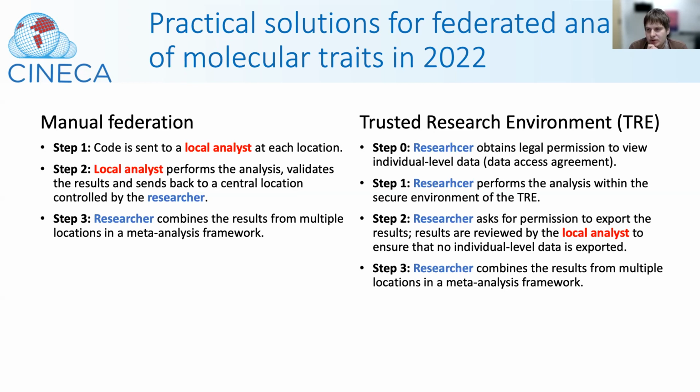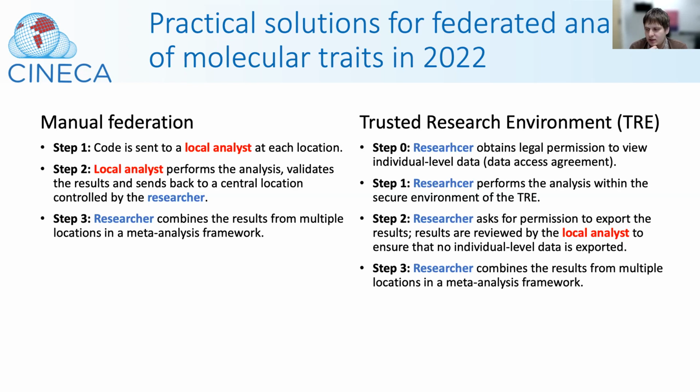trusted research environments, or TREs. In this model, the researcher first obtains legal permission to view individual level data. So you still have to go through all of the data access agreements, because you will see the individual level data, and so you need legal permission to be able to access it. The researcher will then perform the analysis within the secure environment of the TRE.